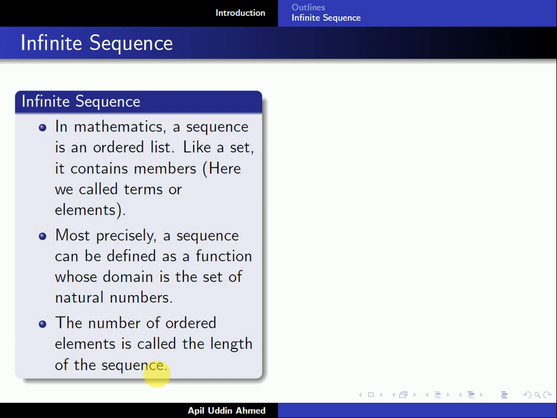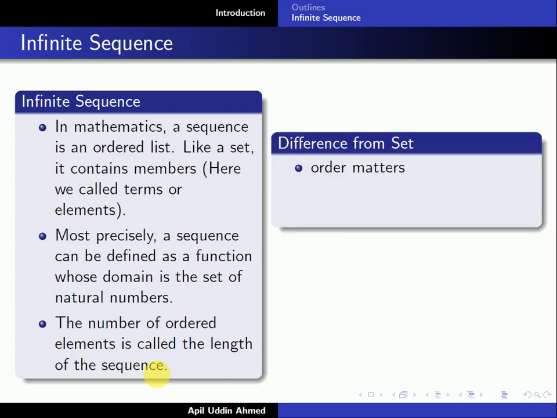Now what is the difference between a set and a sequence here? I think we all know about set theory. In the case of a set, we don't allow repetition. That means in a set we can't use the same element twice, but in a sequence or infinite sequence, the same element can appear multiple times.